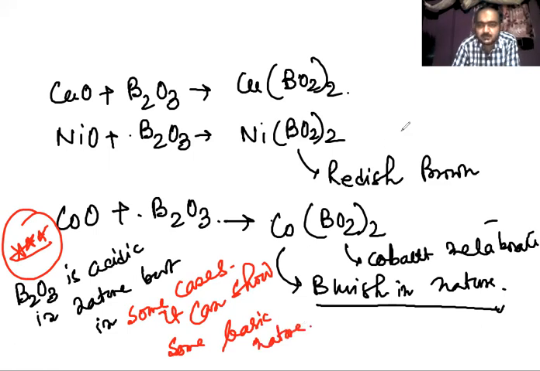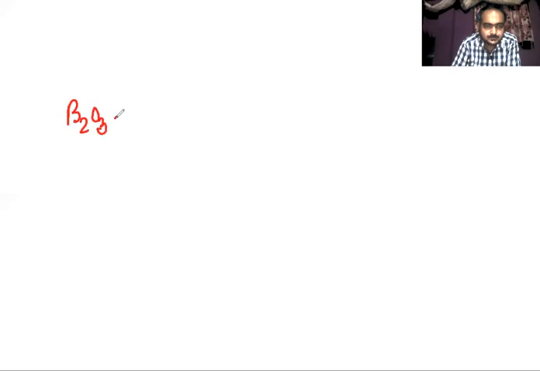I'm writing two reactions. You should remember these reactions, very important reactions. B2O3 plus P4O10 will produce BPO4, boron phosphate.